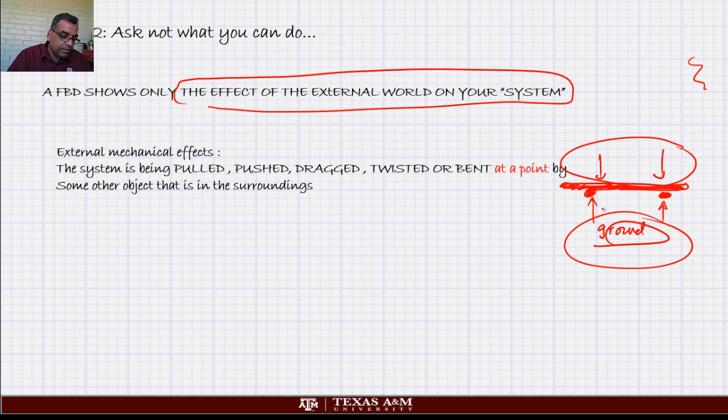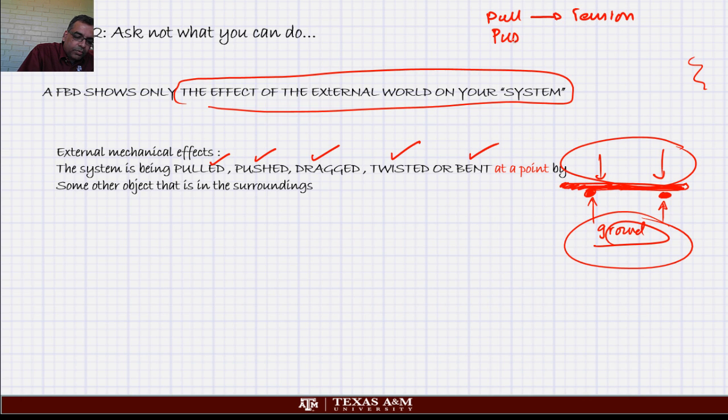Okay. If you do this right, we have to decide how the external world acts on the system. So it has to pull, push, drag, twist or bend the system. So what are the 5 things? Pull, push, drag, twist and bend. The technical name for pull is tension.